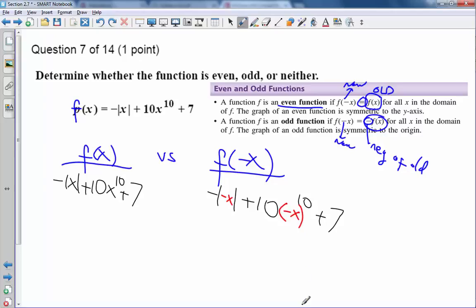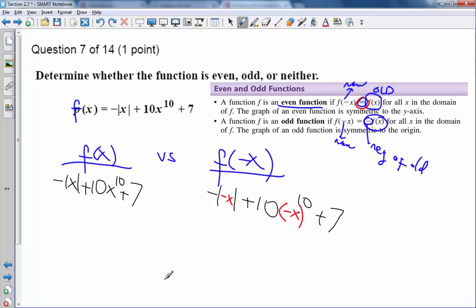I want you to compare. Are these two things equal? Old and new one. Are they matching? Or not matching? You have two choices. If it's not matching, we need to do something further. If they're matching, you stop. If these are matching, you stop and say, oh, this is an even function, and go to the next question. Are they the same?